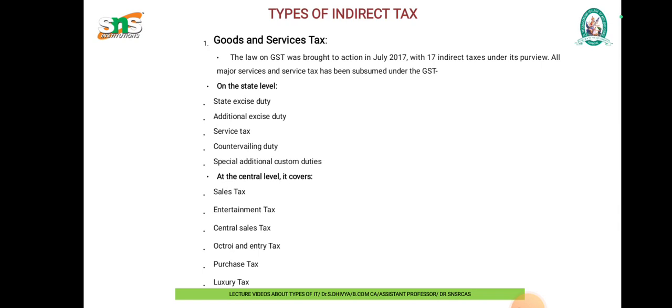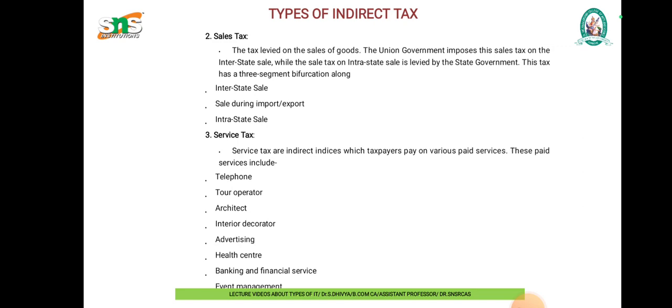The law was amended in July 2017. GST brought 17 indirect taxes under its purview. At the state level: state excise duty, additional excise duty, service tax, countervailing duty, special additional customs duty. At the central level, it covers sales tax, entertainment tax, central sales tax, octroi, excise, purchase tax, and luxury tax.